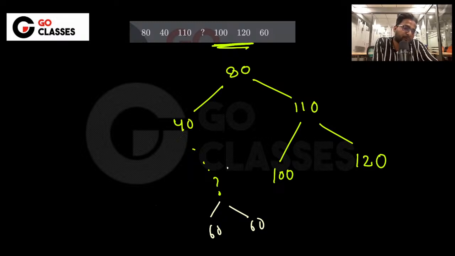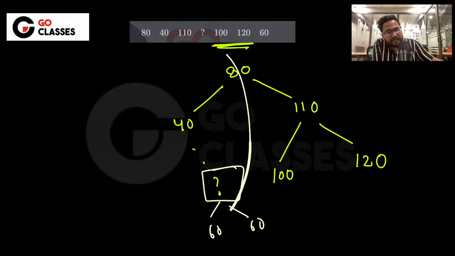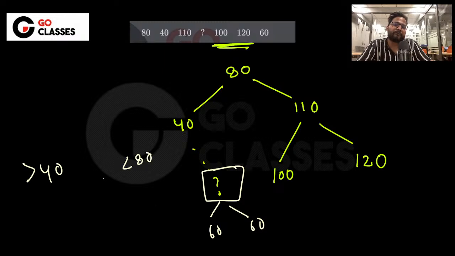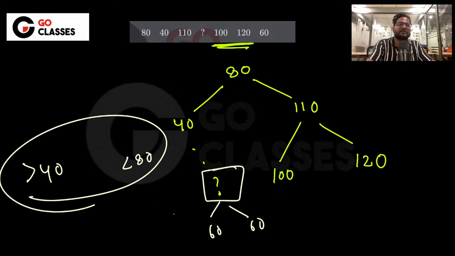So the question mark position is now fixed. Maybe it is greater than 60 or less than 60, we don't know. But it must be less than 80, it cannot be 90. It must be less than 80 and greater than 40, because it is fixed onto the right. So any number greater than 40 and less than 80 can take this position.